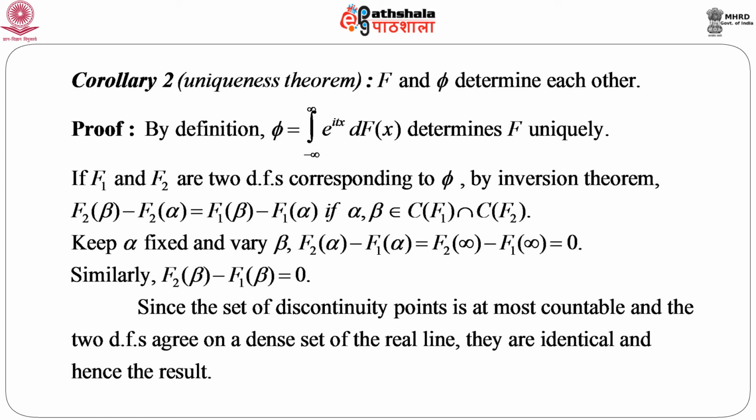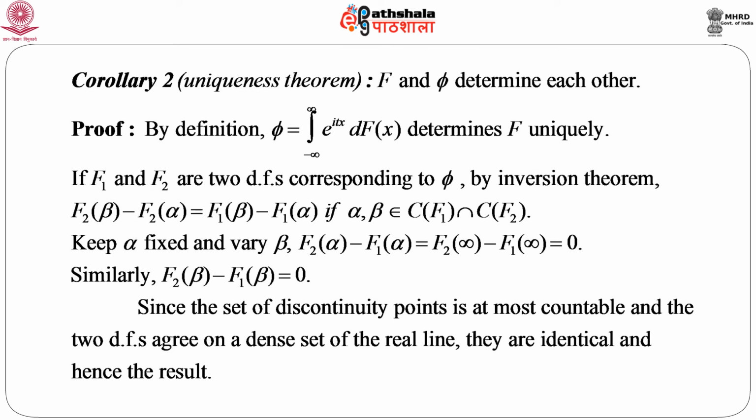Now, keeping alpha fixed, if we let beta go to infinity, we get F2(alpha) minus F1(alpha) equals F2(infinity) minus F1(infinity). Being distribution functions, F2(infinity) is 1 and F1(infinity) is also 1, so this becomes 0. Hence, we get F2(alpha) equals F1(alpha). Exactly similarly, we can also get F2(beta) equals F1(beta).